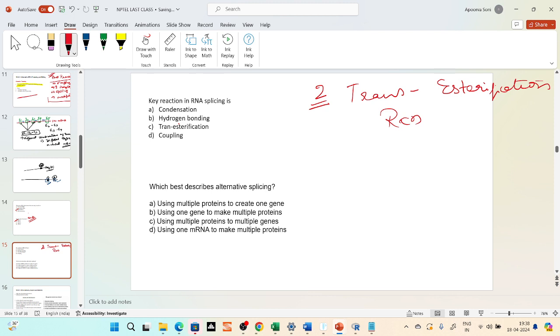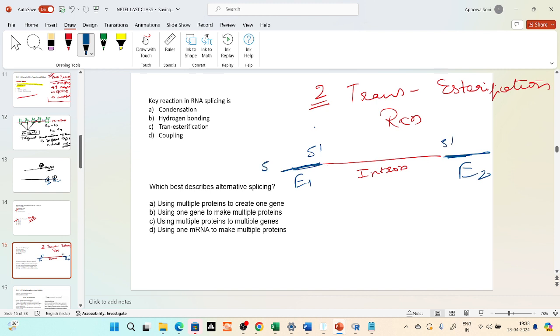So if this is your intron and this is your exon E1, exon E2. This is the intron exon junction. This is an intron exon junction. This junction we call as 5' and 3'. Why? Because this is the direction of the whole mRNA.